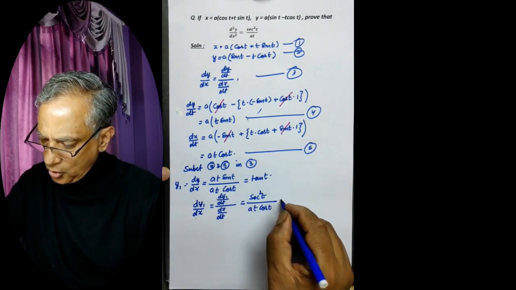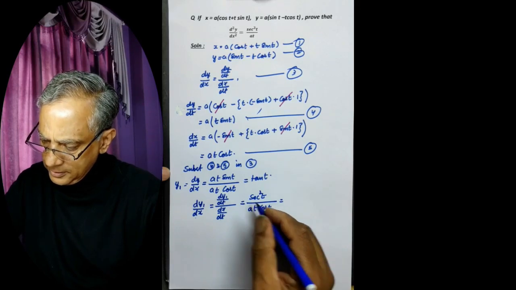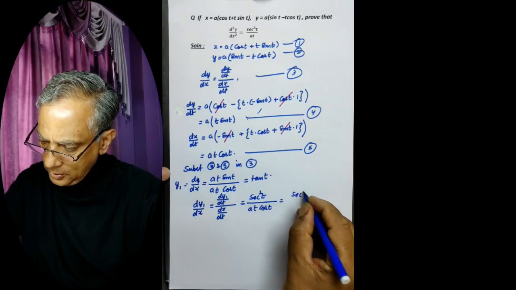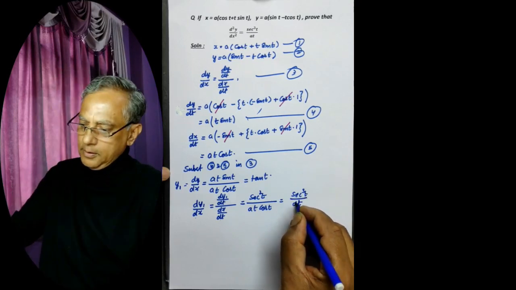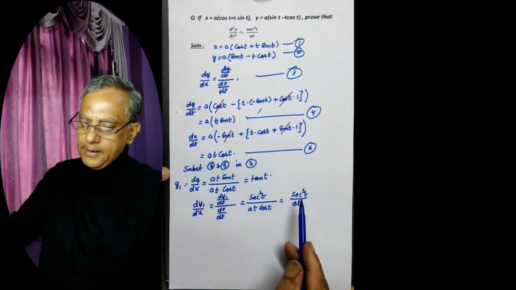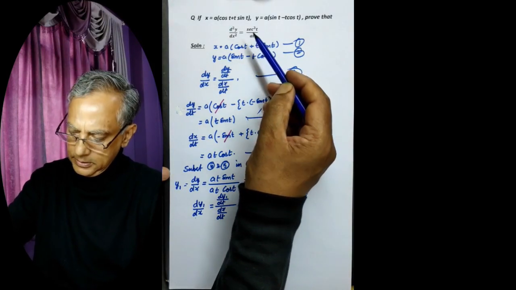And 1 over cos t is secant t. So this will be secant cube t over a t. This was the result to be proved.